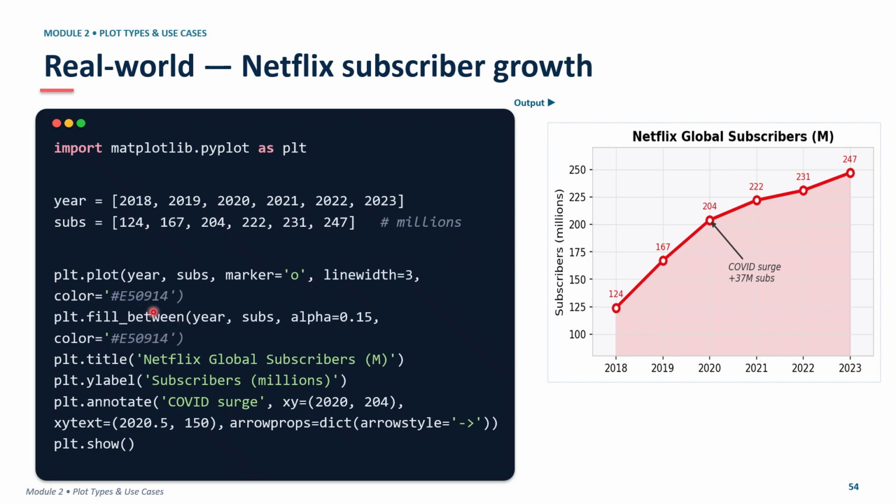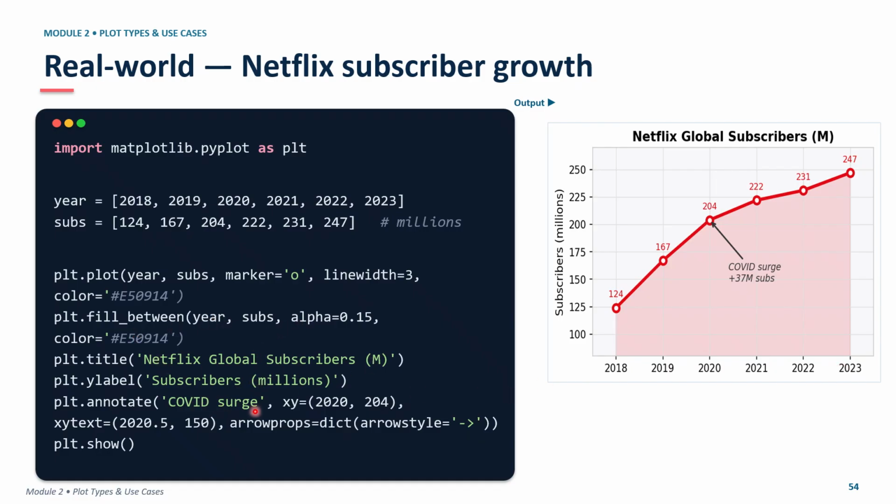This fill_between will shade the area under the line, between the line and the y-axis, say y equal to 0. And alpha is 0.15, which makes it very transparent, just a hint of color. This technique makes the growth feel much more substantial, and visually you can see the area under the curve. So this is how you can use the fill_between method.